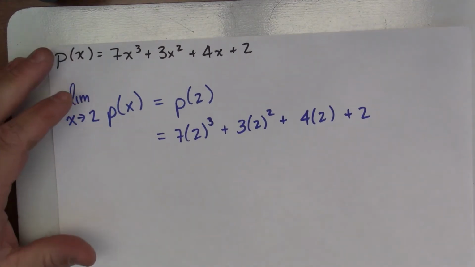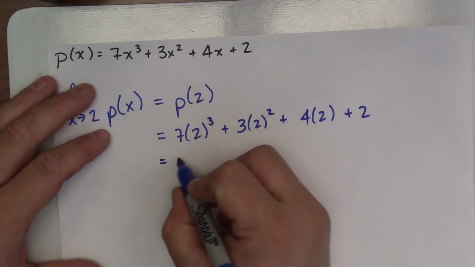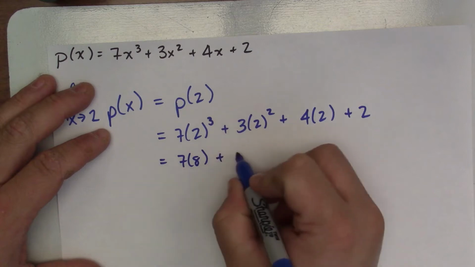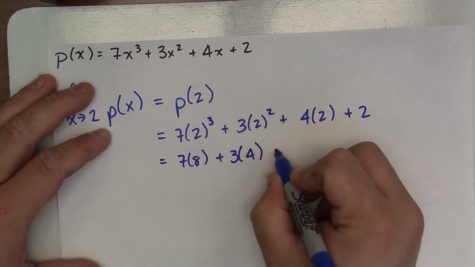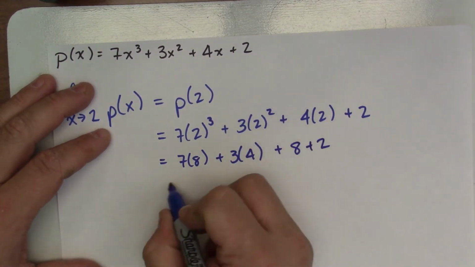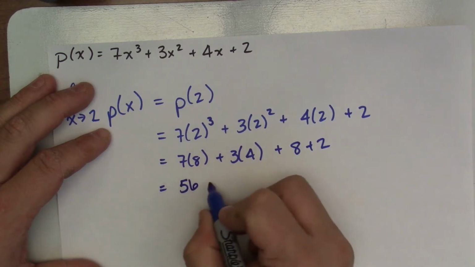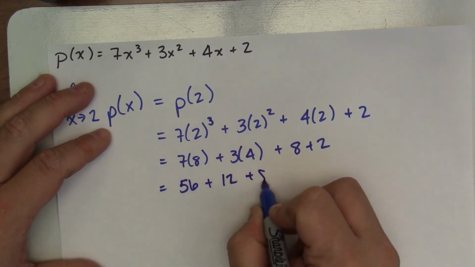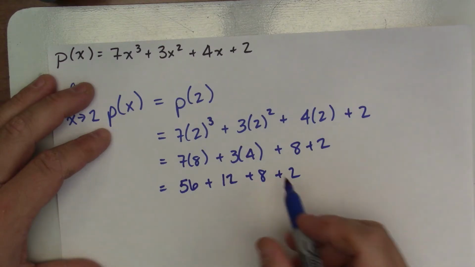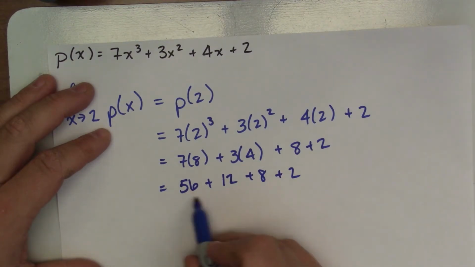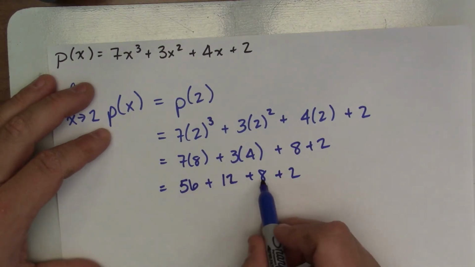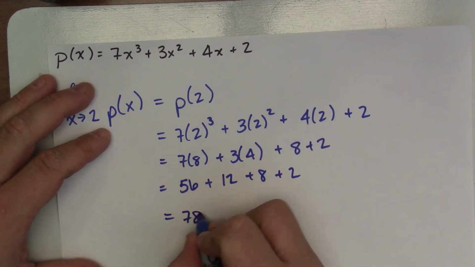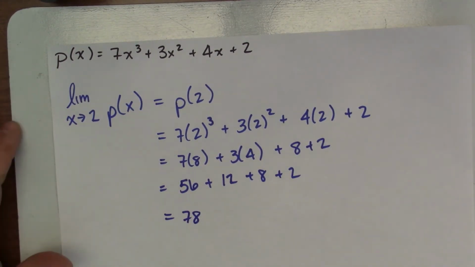You could put that in your calculator. So that's 7 times 8, 3 times 4, 8 and 2. 7 times 8 is 56, 12, 8 and 2, 68, 76, 78. Don't quote me on that, I just did that in my head. But that's really all it's saying: just plug in the value.